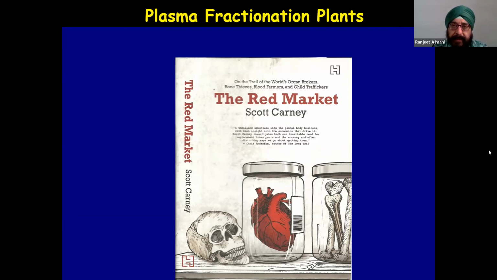This book talks about blood donation, the cadaver trade, child trafficking, organ transplant, sperm donation, surrogacy, etc. It also talks about the ethical part of our profession. I think this book is very revealing and heart-wrenching, and it gives us an insight into what can go wrong in the processes we go through.